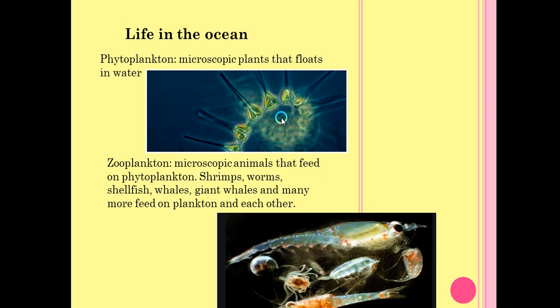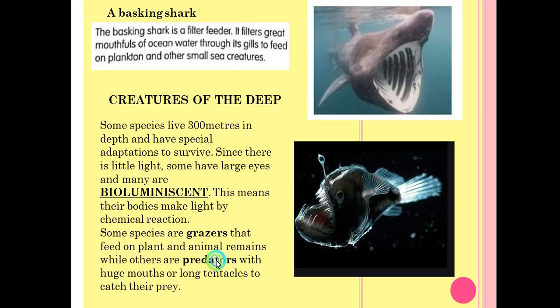As they feed on this plant, they also feed on themselves. Sometimes you open some fish, you'll see some small fish inside them. So that is telling you some animals eat themselves.